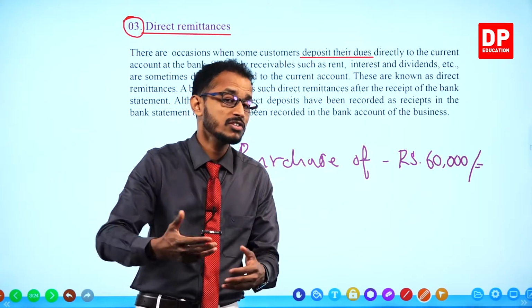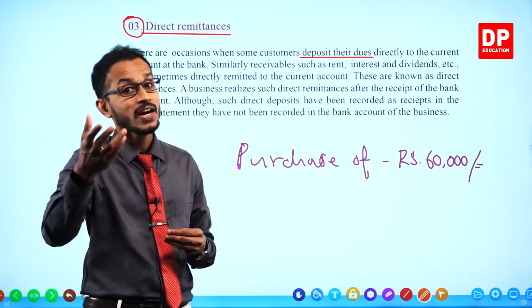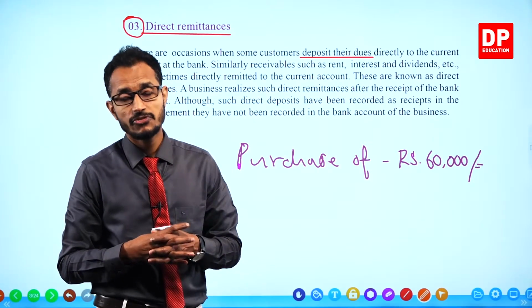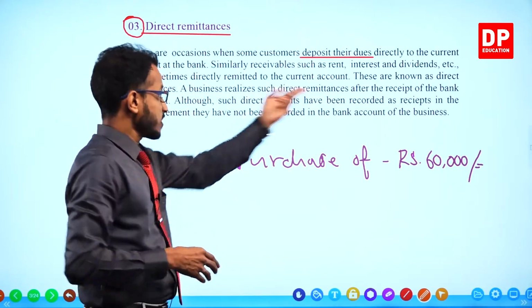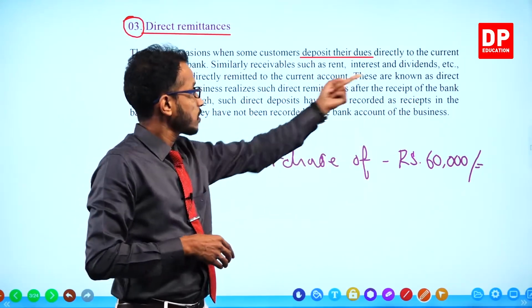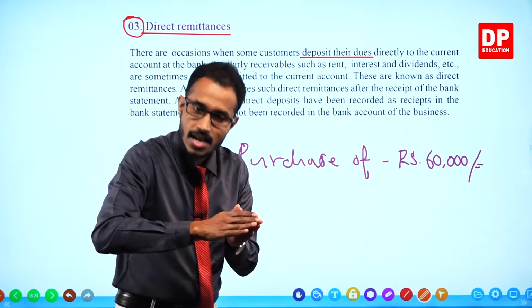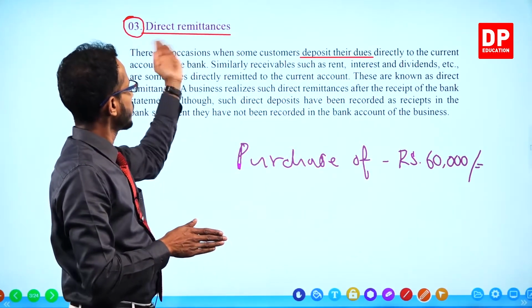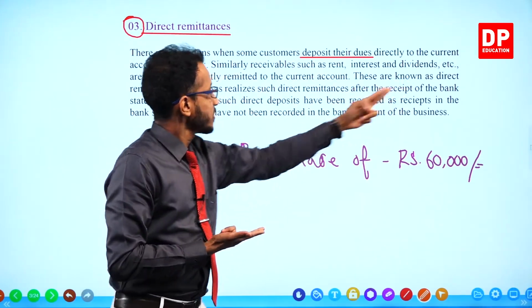To be honest with you, we should encourage those online transactions because it's safer, safer with this pandemic situation, right? These are called online transfers, online money transactions, depositing directly into our account. These are called direct remittances.